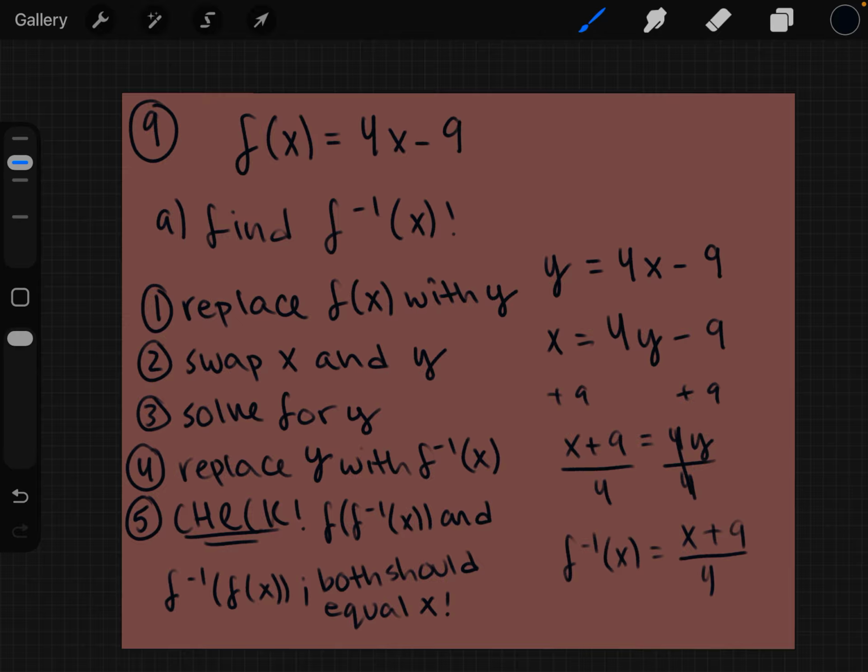Okay? Those are all your steps for finding the inverse of f of x.